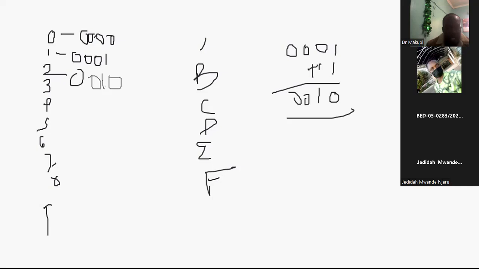Again, add 1. The concept is just addition of 1. There's nothing else new. It becomes 0011.